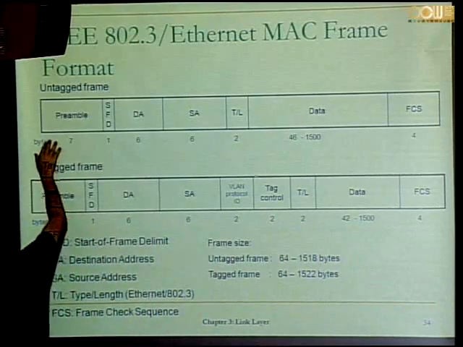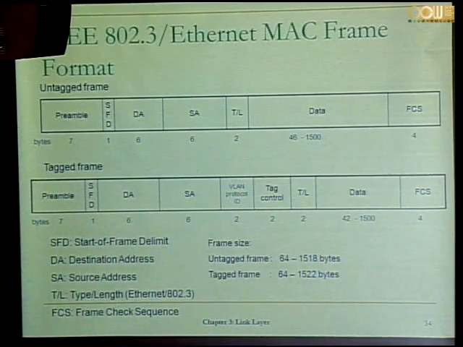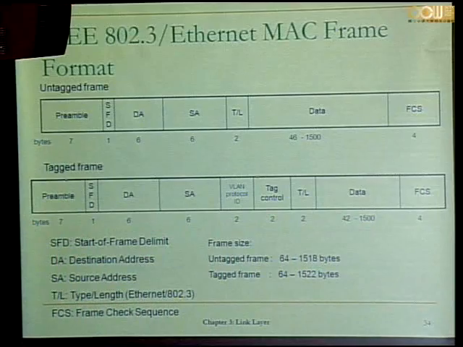So the preamble is to signal the receiver. The transmitter will send a preamble, which is quite long, 6 bytes long, to tell the receiver, hey, I have a frame coming, so pay your attention now.